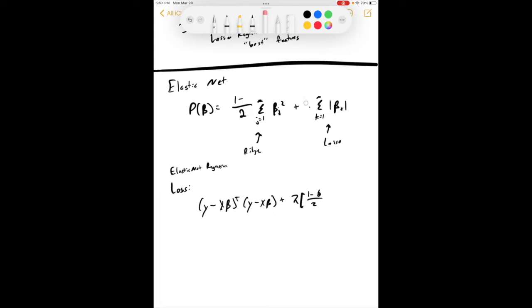I'm going to replace these with deltas. 1 minus delta over 2 down here times this plus delta, right? Okay, so this is the lasso component. This is the ridge component. And this is the sum of squared errors.